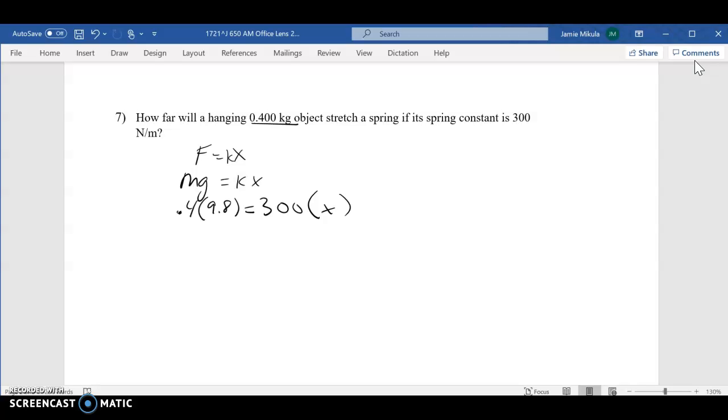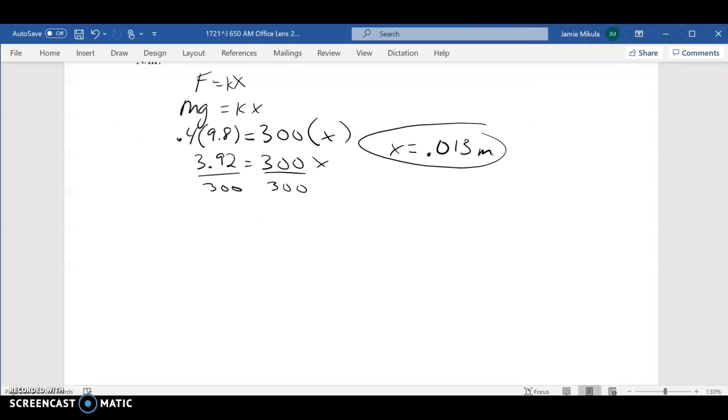So 0.4 times 9.8 is 3.92. Divide 300 by both sides. And the distance is 0.013, and that's meters.